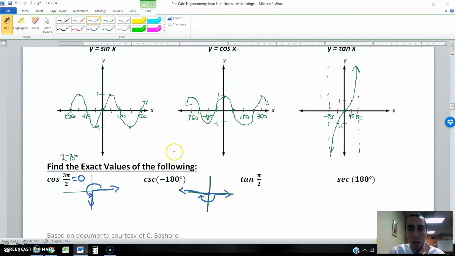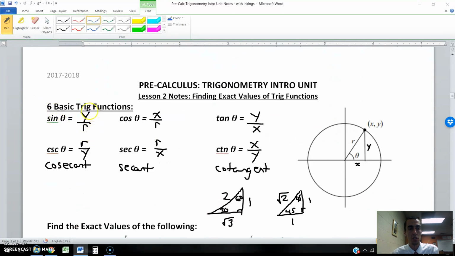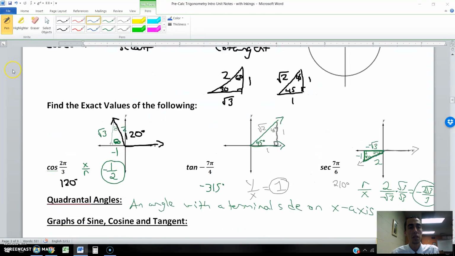Now, I didn't draw the cosecant graph up here, but we can use one of the facts about cosecant to answer this problem. So cosecant and sine, we can see they're reciprocals. Scroll back up to the top, you can see that their values are reciprocals of each other. So if we can find what the sine is at negative 180 degrees, then we can take the reciprocal, and that'll tell us what the cosecant is.